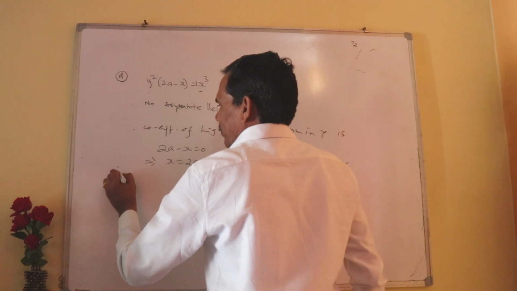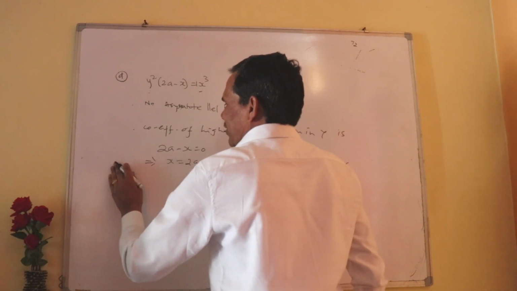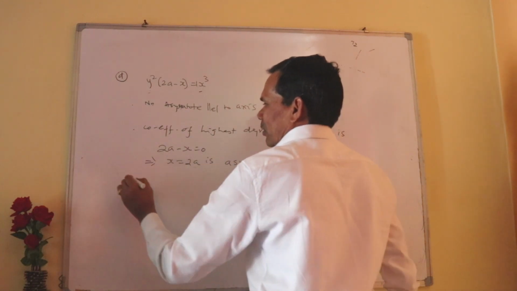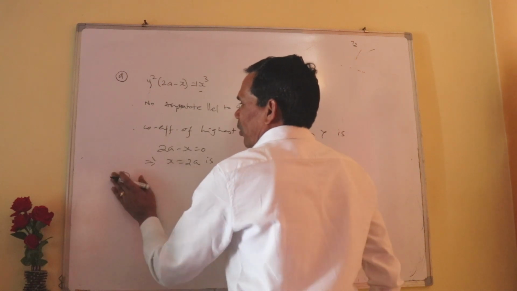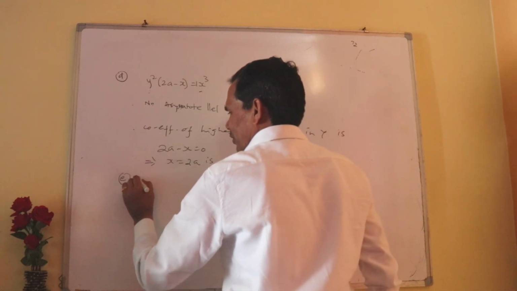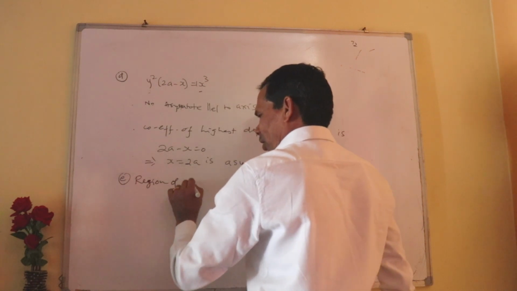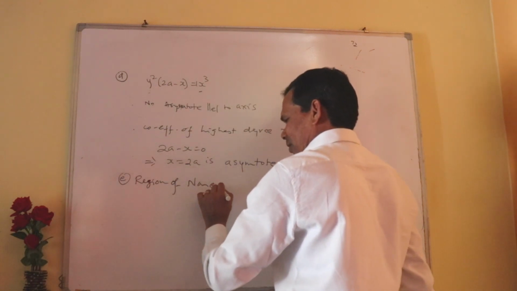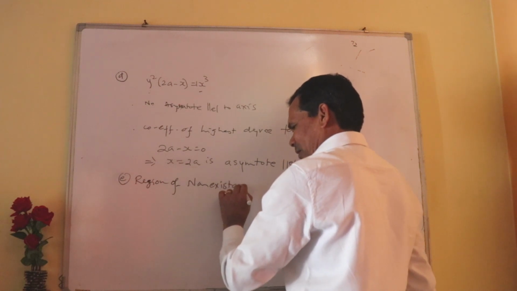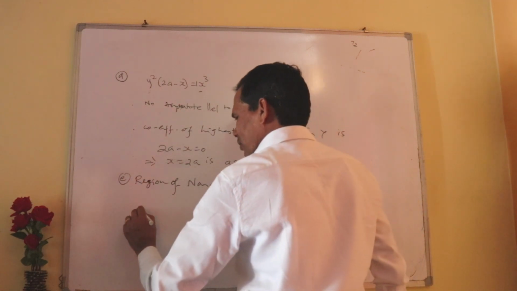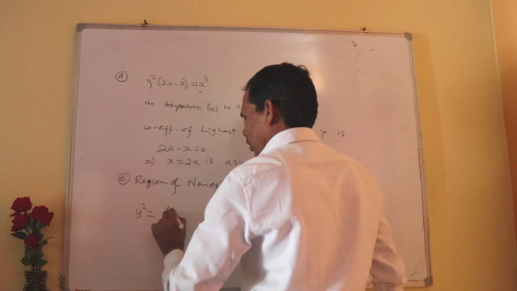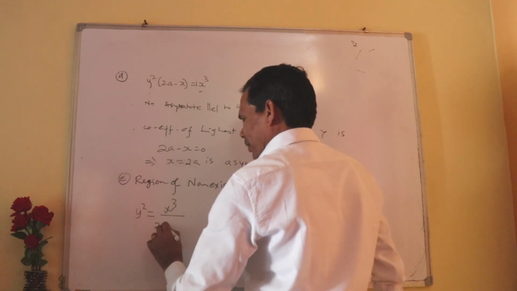Next is the approximate shape of this particular curve, or region of existence and non-existence. So we write y square is equal to x cube upon (2a minus x).